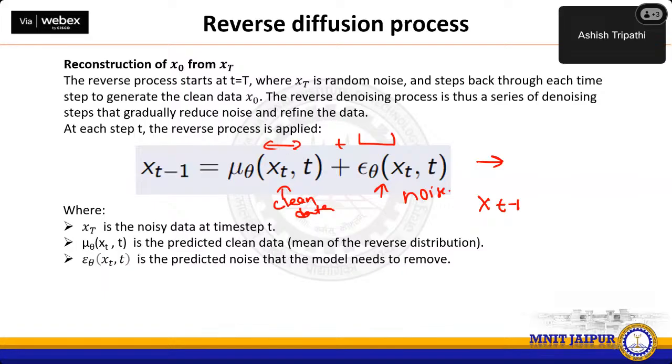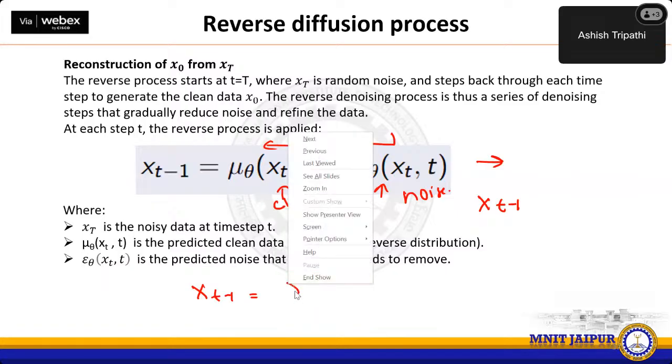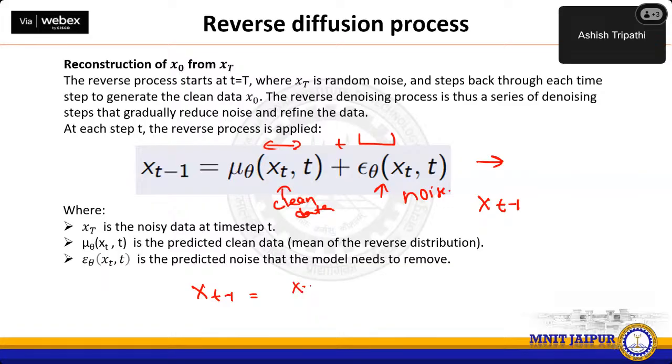Got it. So I think that we are clear so far. This is the same equation that we have written in a different way. No doubt, x of t minus 1 we can say is equal to x of t minus noise, or in a more mathematical way, x of t minus 1 is the mean distribution of the original data, predicted data distribution, that is of noise.